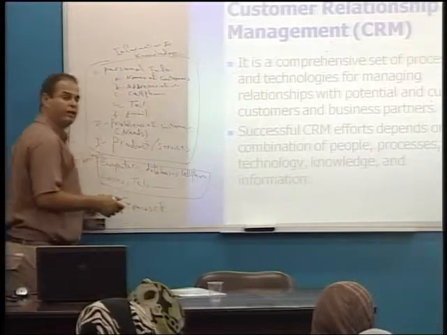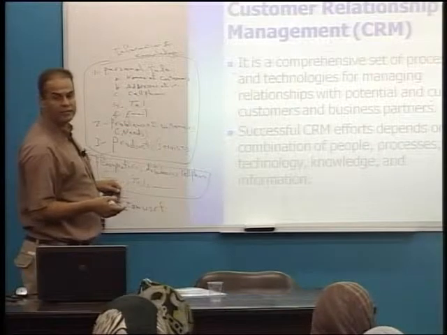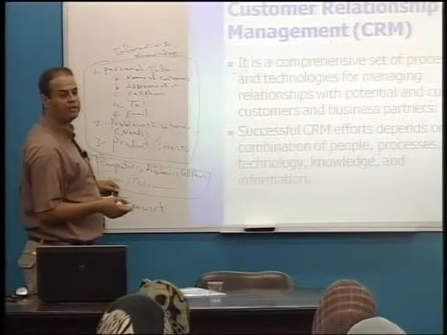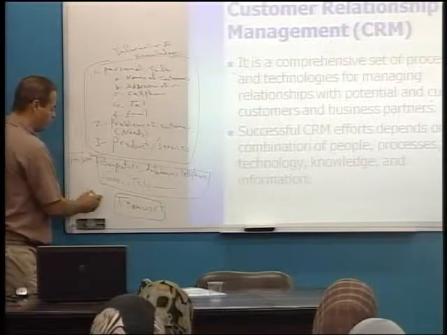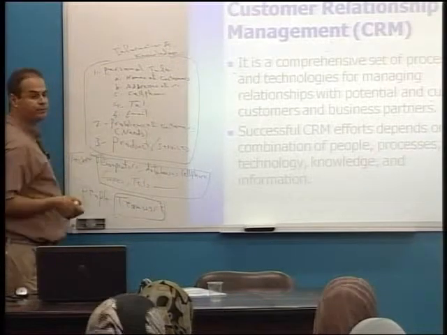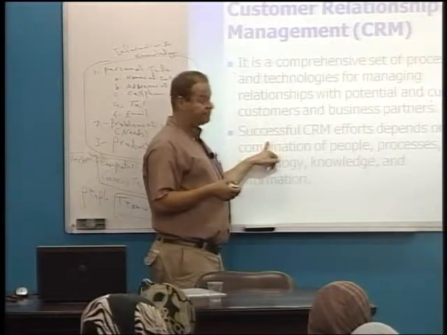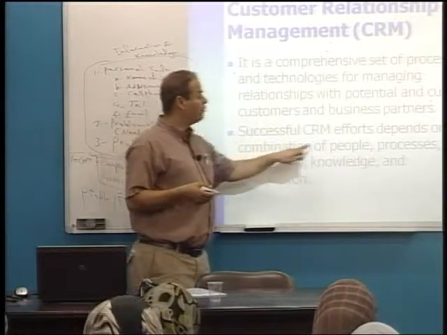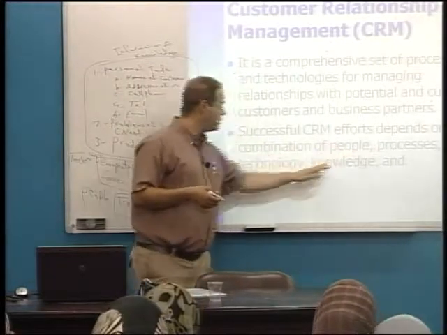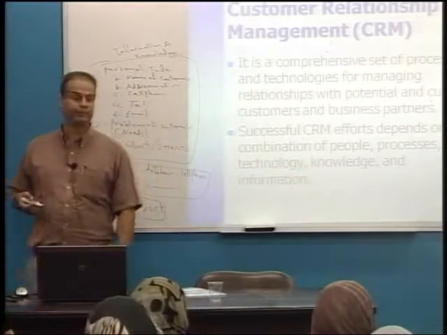Teamwork refers to members of the team. Each member has his or her own responsibilities and duties. Well, this is called what? People. So let's summarize. Successful CRM efforts depend on a combination of people, processes, technology, knowledge, and information.